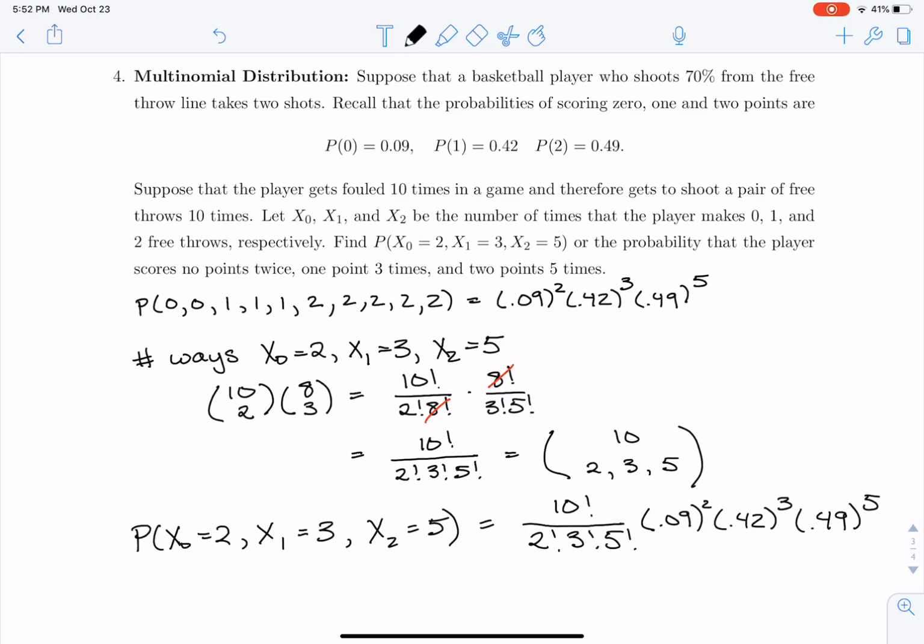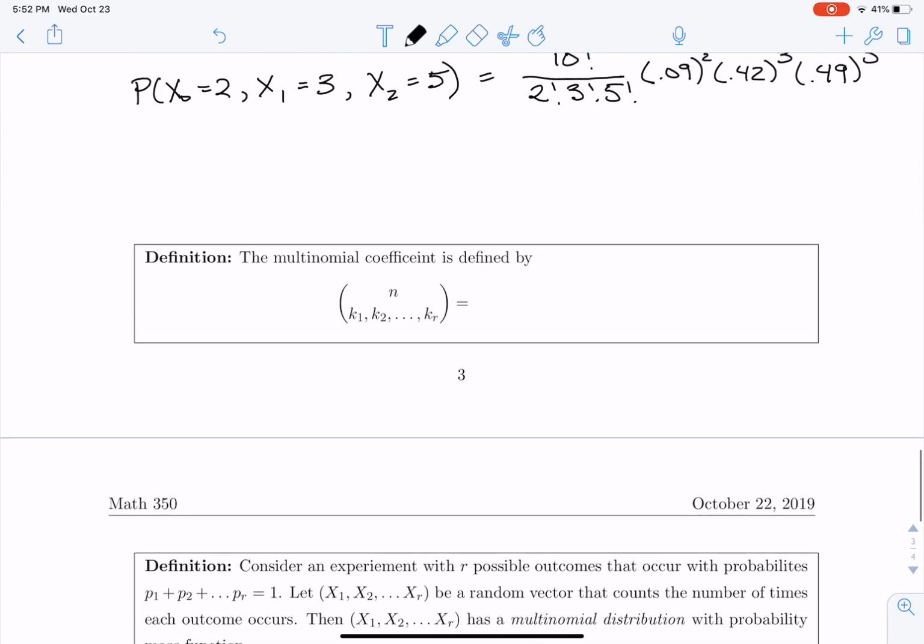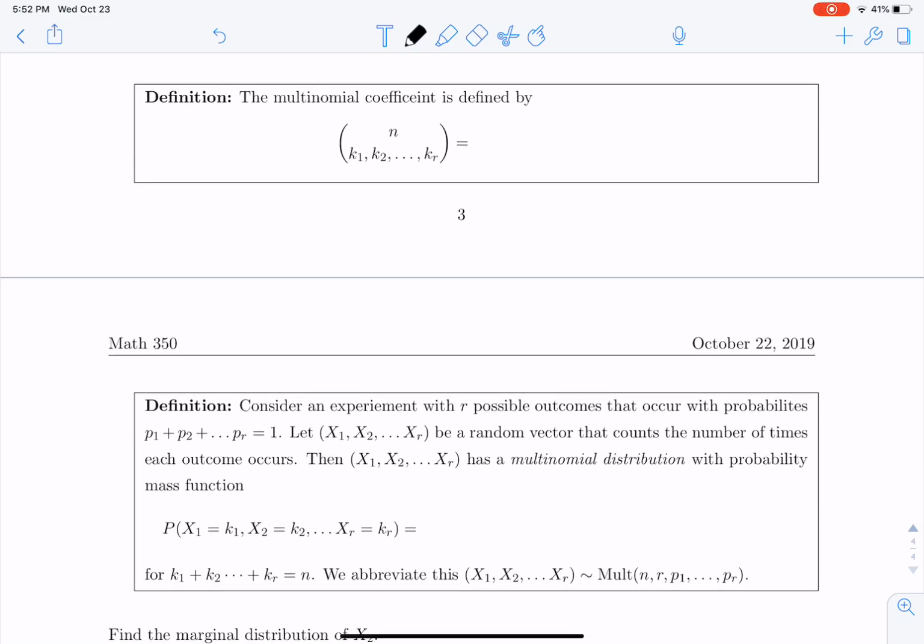So in this, I introduced what's called the multinomial coefficient. The multinomial coefficient is n choose k1, k2, all the way through kr, and that is defined to be n factorial over k1 factorial, k2 factorial, all the way down to kr factorial.